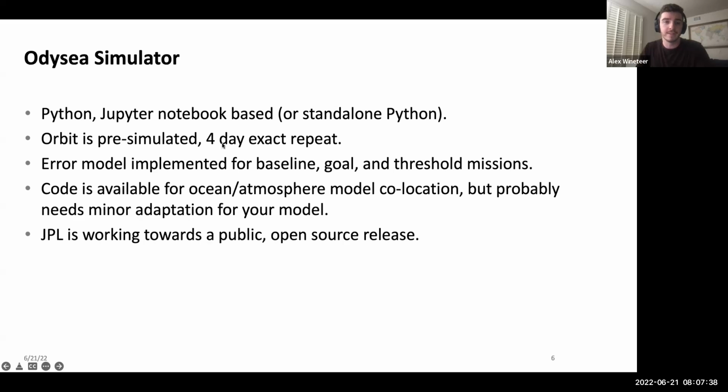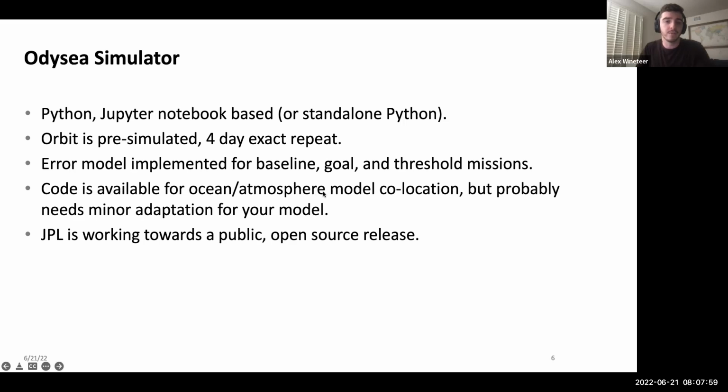The orbit is this pre-simulated 4-day exact repeat orbit that I was talking about on one of the first slides. The error model is implemented for a baseline, a goal, and threshold mission, and these can be set by the user as you like. The baseline mission is the one that I've mentioned so far.